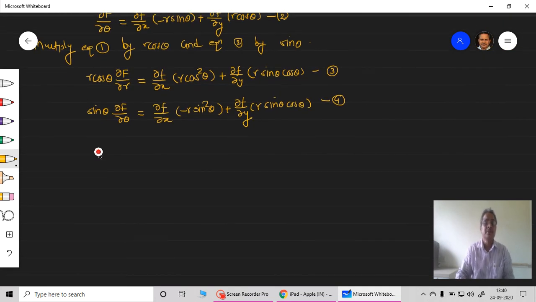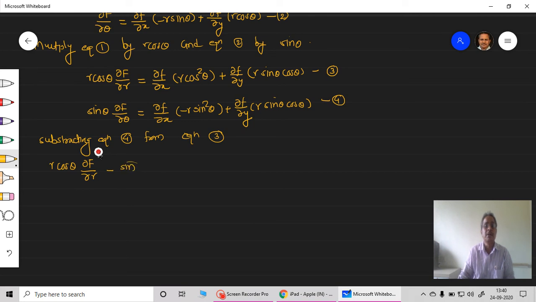So subtracting equation 4 from equation 3 and rearranging, what will we get? Check. This is r times cos theta into ∂f/∂r minus sin theta into ∂f/∂θ.